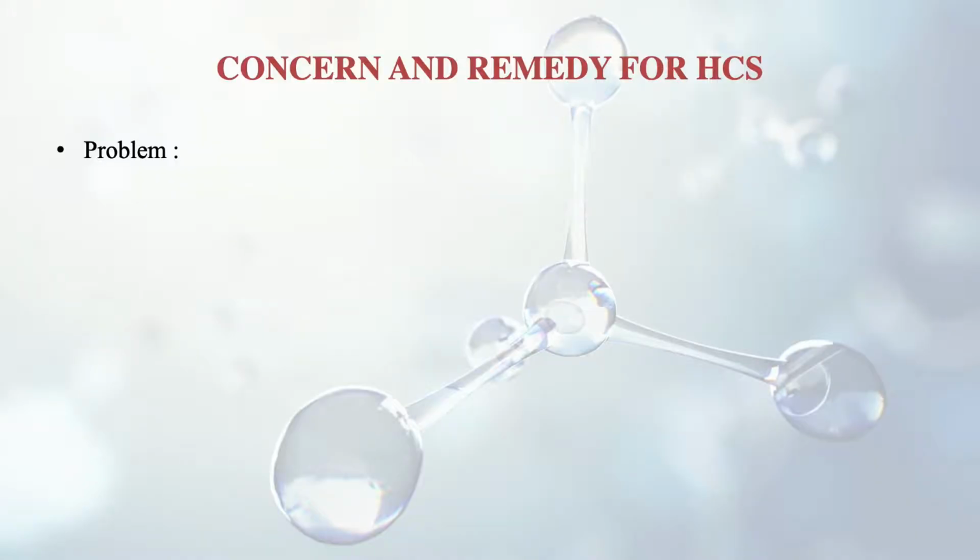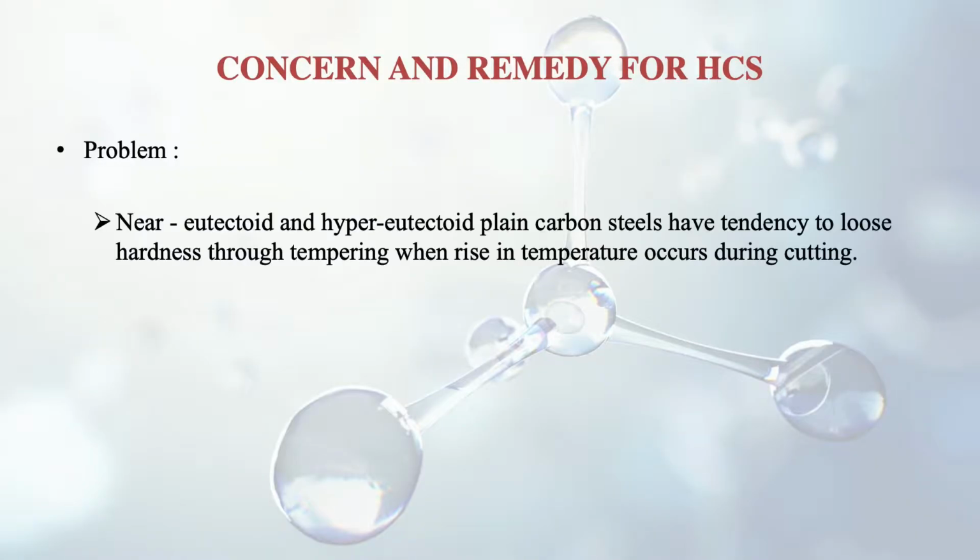Now we discuss a concern in this high carbon steel and what the remedy is. The problem that arises is with near eutectoid and hypereutectoid plain carbon steels. Eutectoid, you must recall from the previous sessions, was 0.8% carbon at a temperature of about 723 degrees centigrade.